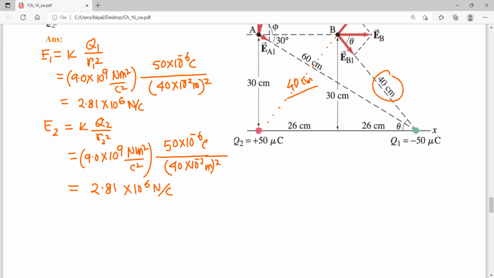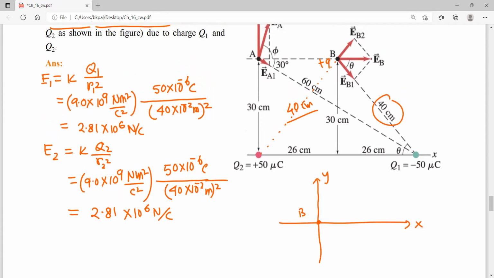Okay, it is exactly equal to E1. Now similar to that one, here our x-axis, here our y-axis, this is point B. Now if I put a positive test charge Q0 here at point B, then due to Q1, because Q0 is positive and Q1 is negative, Q0 will be attracted by Q1, so it will move in this direction.